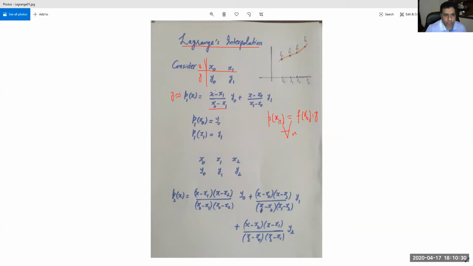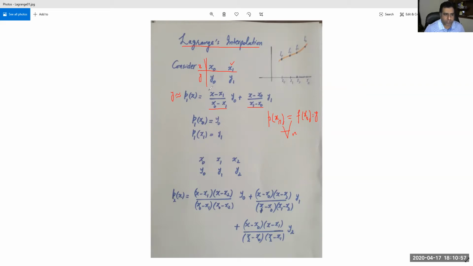So it is active only at the first node, x naught, and this is dead at all other nodes. In this case, there is only one second node. At x1, this is 0. Now look at this component. This is 0 at x naught, and this is 1 at x1.